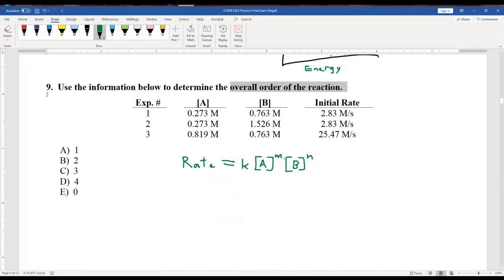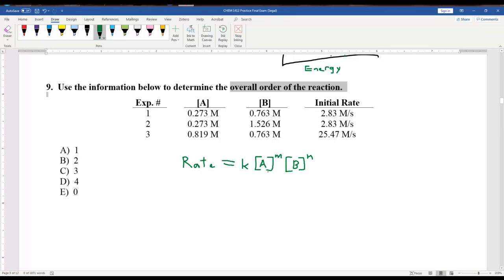Now m and n are the powers, or the order of reaction, with respect to each of those reactants. You could use x and y, or little a, little b. It doesn't really matter what you use for those powers, but typically we just use m and n, and o if there's a third one.